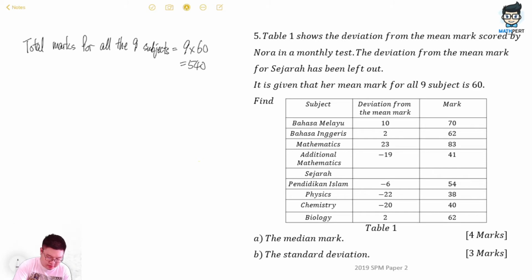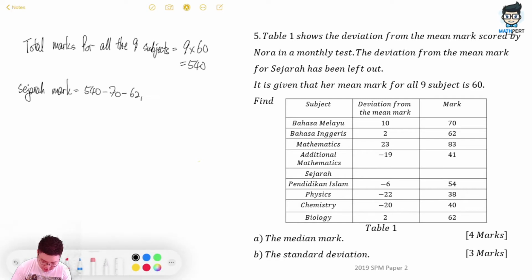When we have the total marks for all the 9 subjects, we can find out the mark for Sejarah. So the Sejarah mark will be 540 minus BM 70, BI 62, Mathematics 83, and then Additional Mathematics 41.